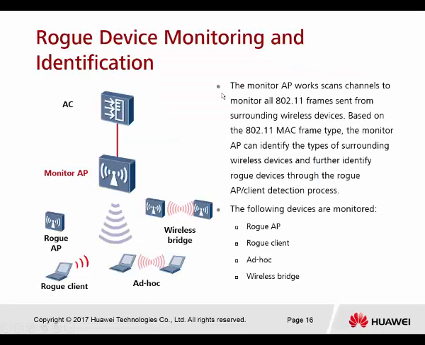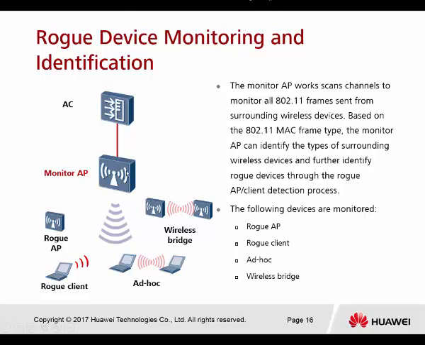The monitor AP scans channels to monitor all the 802.11 frames sent from surrounding wireless devices. Based on the 802.11 MAC frame type, the monitor AP can identify the type of surrounding wireless device and further identify rogue devices through the rogue AP and client detection process.